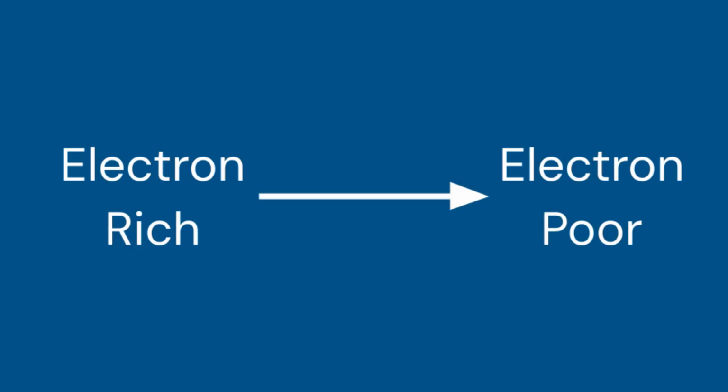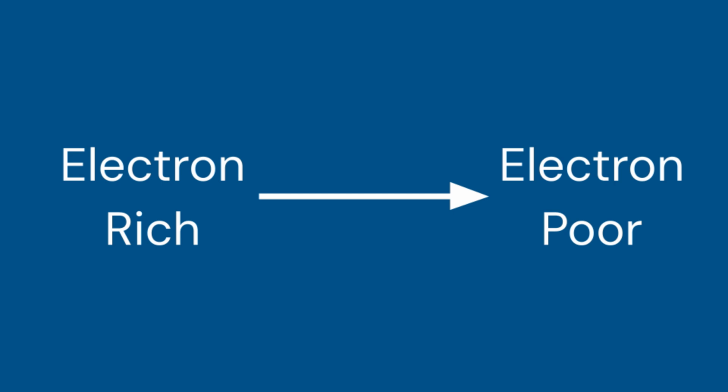To go back to our chemical reaction of electrophilic addition and elimination, we have the flow of electrons from an electron-rich site to an electron-poor site, and this is how we form new products. The reason we have this flow from rich to poor is because opposite charges attract and like charges repel. So it's unlikely that you would see the flow of electrons from a rich site to another rich site or a poor site to another poor site.